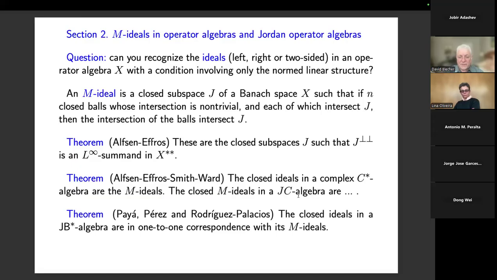And the other case, as I said, appeared formally later in a paper of Smith and Ward. Another theorem along this line is that the closed ideals in a JB star algebra are in a one-to-one correspondence with the M ideals.